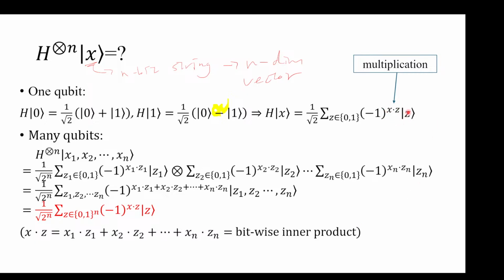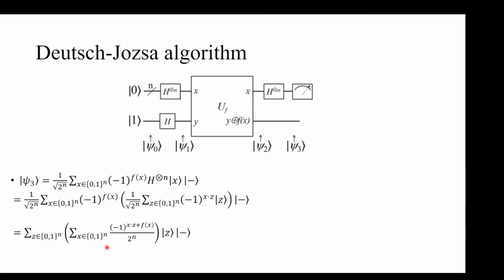I guess the inner product for one-dimensional vectors is equal to multiplication, so the notation is kind of consistent. Anyway, we have Hadamard to the n on x as this closed-form expression.